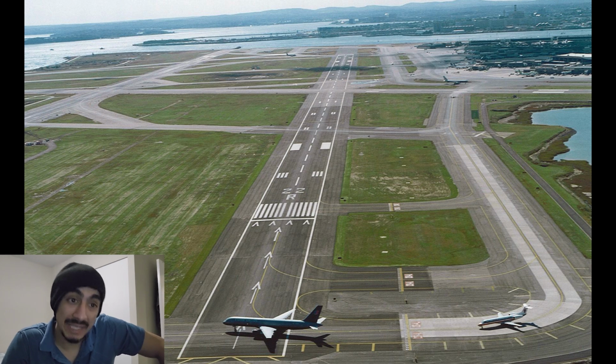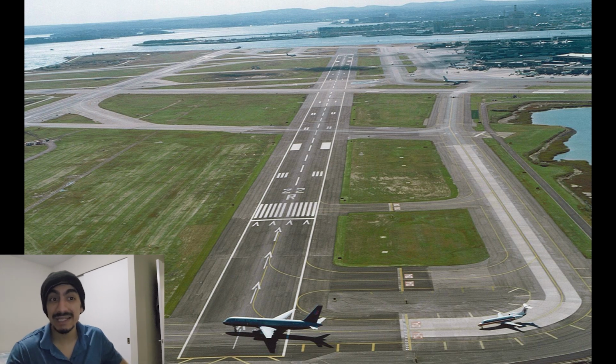So a belly landing plane is very vulnerable because there's just no gear to absorb impact energy. If you have a wall located just a few hundred feet past the runway's end, you've basically eliminated any chance for a sliding aircraft to come to a stop effectively. And in this crash, that's exactly what happened.